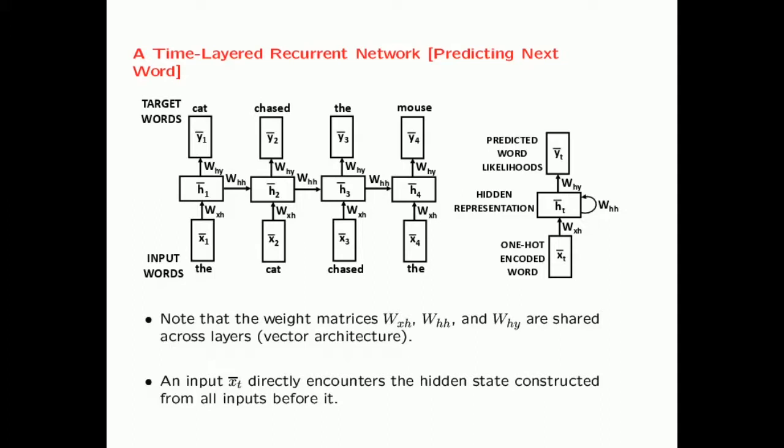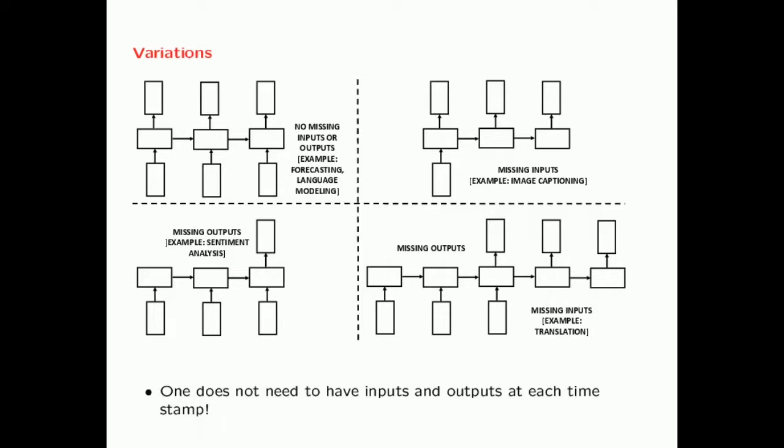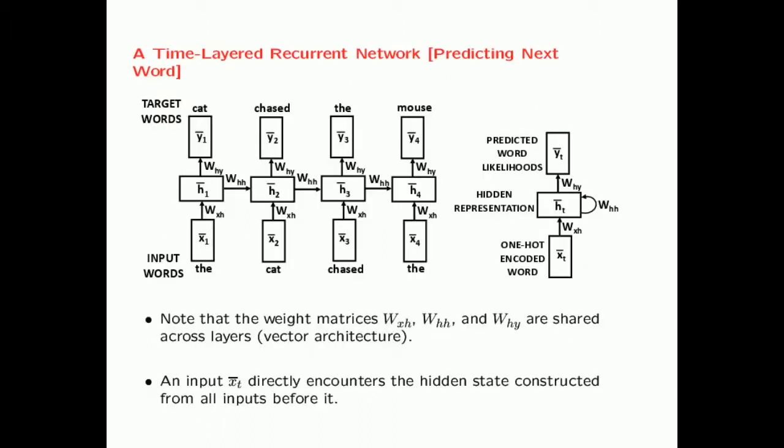Now, in this particular case, I showed a case where in every time layer you have a single input and a single output. This is not necessarily true for every application. The outputs in particular are often very optional, sometimes even the inputs. So let's look at some variations of this type of time layering.